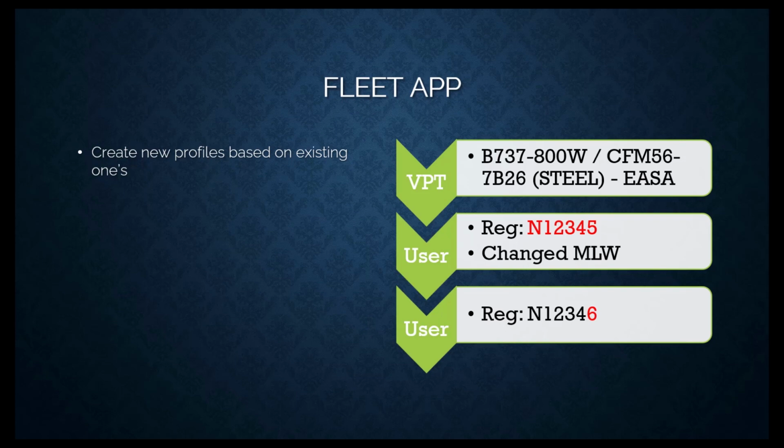Now we can create another aircraft profile, which will be called 1, 2, 3, 4, 6. And that will be based on the previous one, 1, 2, 3, 4, 5. That means that this aircraft will be based on the 1, 2, 3, 4, 5. That will have the maximum weight change, and this one will be based on the previous one.